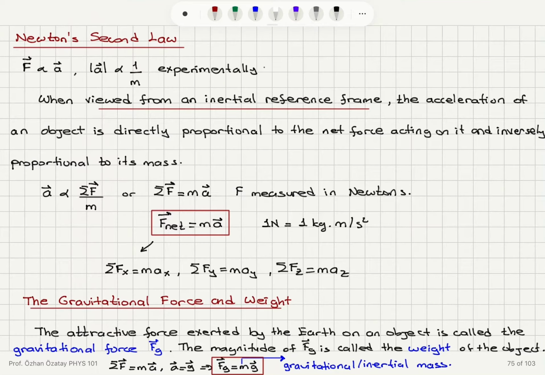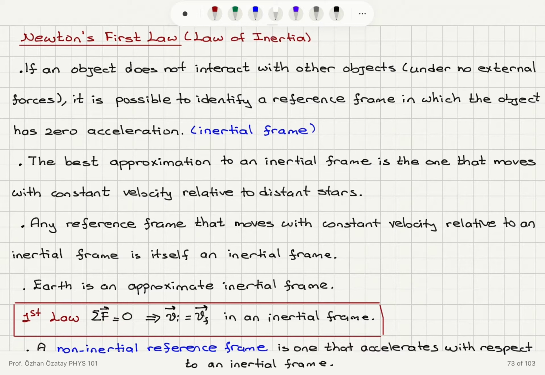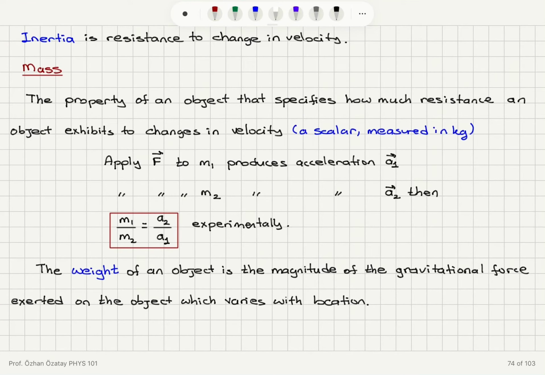Okay, so that's Newton's first law. If the net force acting on an object is 0, its velocity is constant. It's not going to change when it is viewed from an inertial reference frame. If the object was at rest, it will remain at rest. If the object is moving with constant velocity, it will continue moving with constant velocity as measured by an inertial reference frame.